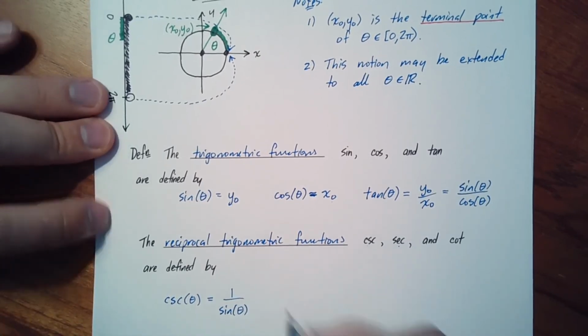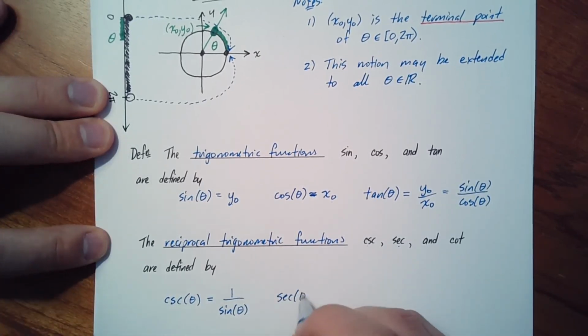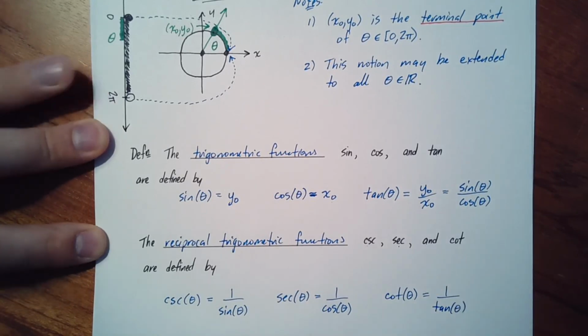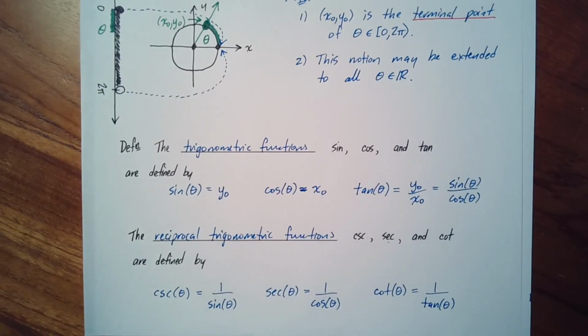If I want secant of theta, it's just 1 over cosine of theta. And then cotan, you might guess if you haven't already remembered, it's just 1 over tan of theta. Okay, so that is the definition of the 3 trigonometric functions, sine, cos, and tan, and the reciprocal trigonometric functions just follow by taking the reciprocal of each one, respectively.